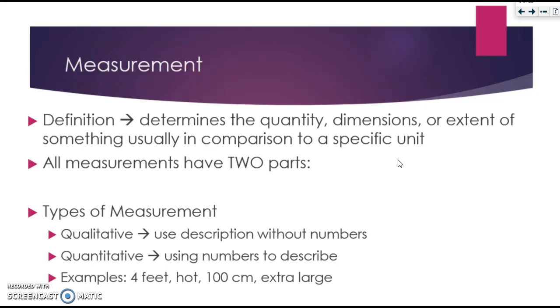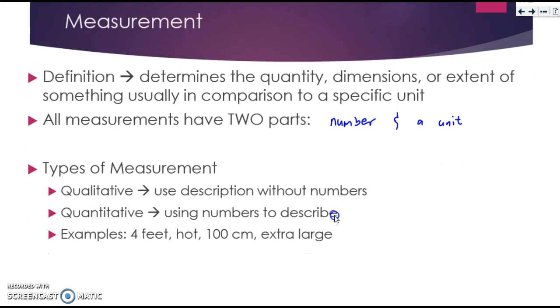Every measurement has two parts, a number and a unit. There are two main types of measurement. We have qualitative, which uses description without numbers, so it's telling you the quality of something. And we have quantitative, which uses numbers to describe.